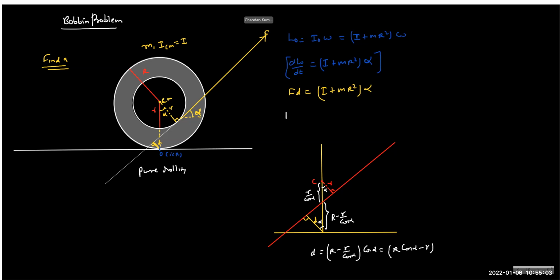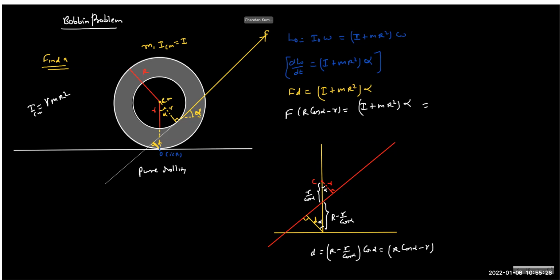So I'm done. F into (R cos alpha minus R) equals (I plus M R squared) into alpha. We got the answer for alpha. In the question, what they had mentioned is that I_CM equals gamma M R squared, something like this.